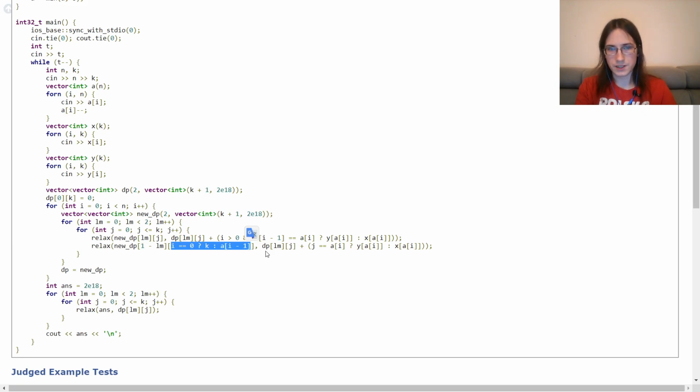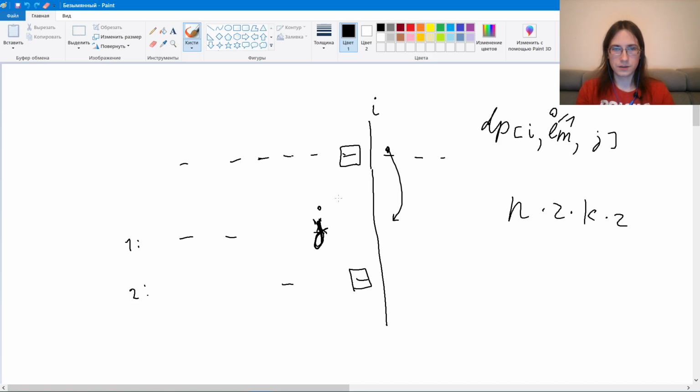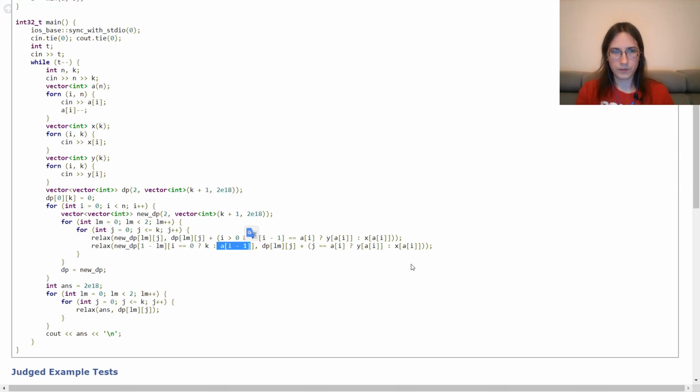But if it does not exist, then just k. So if i is 0, the last value is considered to be k, the non-existing value, because no values were added so far to this sequence. Otherwise, I say that this is the last value added here to the opposite sequence. So that's where I transit to.